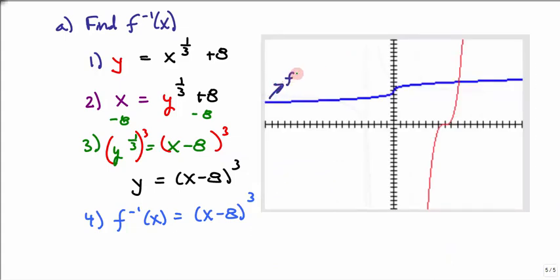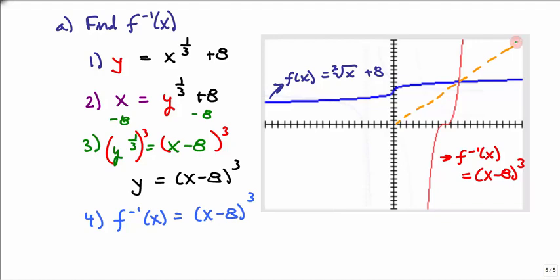So this is f of x equals the cubic root of x plus 8. The red is my inverse. This is f inverse of x equals x minus 8 quantity cubed. Now notice these are reflective about the y equal x line that bisects the first and third quadrants. So you should be able to look at the graphs that they're given and see which one matches that best.